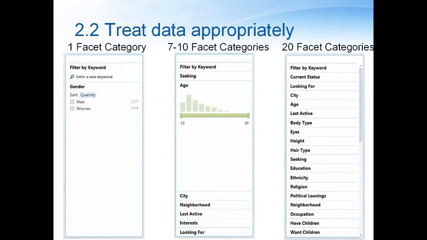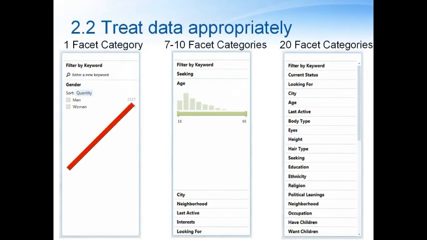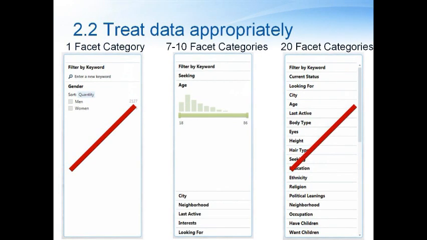Now, as a general rule, you don't want to just give one facet category. For a dating collection like this, men and women, well, maybe for some people that's all you need. But I don't know. I think some people have some preferences. And then on the other side, you have 20 facet categories.